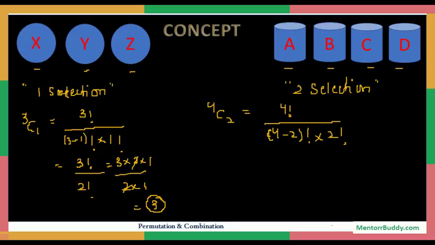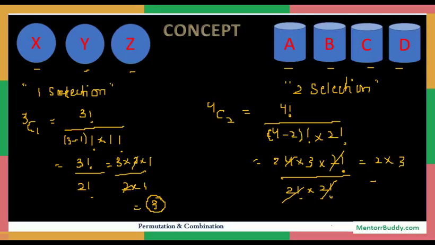This can be further expressed as 4 into 3 into 2 factorial upon 2 factorial into 2 factorial. The 2 factorial is ruled out, and the remaining 2 factorial is 2, which cancels out, so we get 2 into 3, which equals 6. So in 6 different ways we can select 2 objects out of these 4 objects.